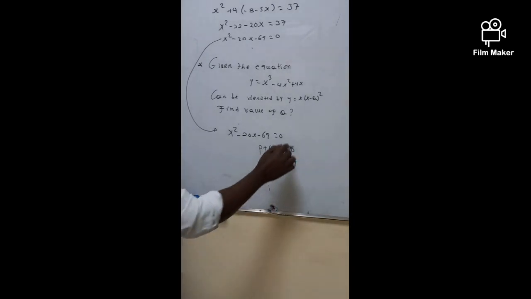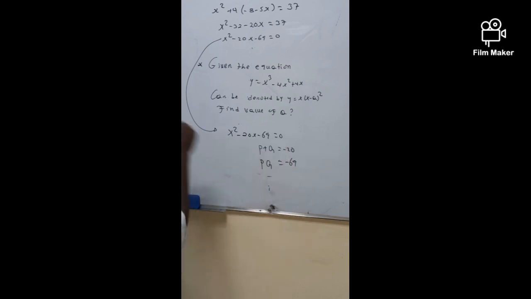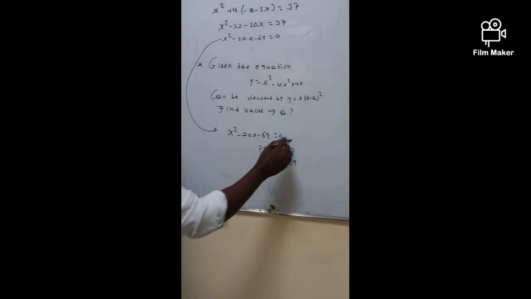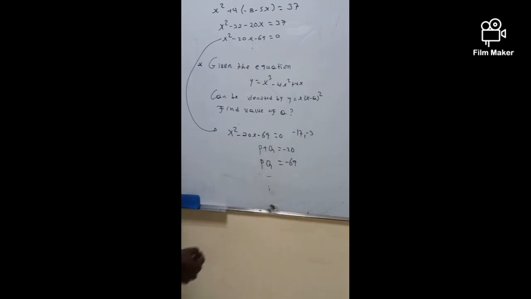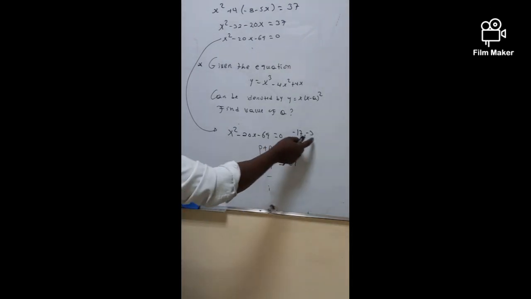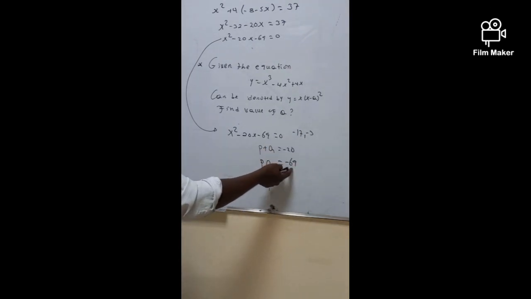Let's find that immediately. For example, now let's try two numbers, negative 17 and minus 3. Can we have this sum and this product? No, it is impossible.